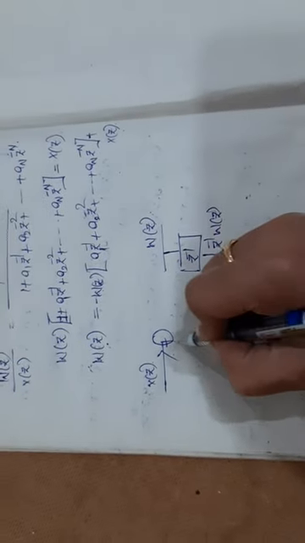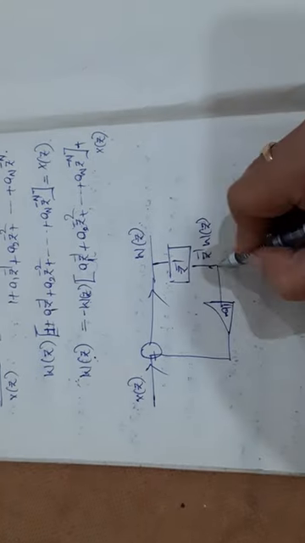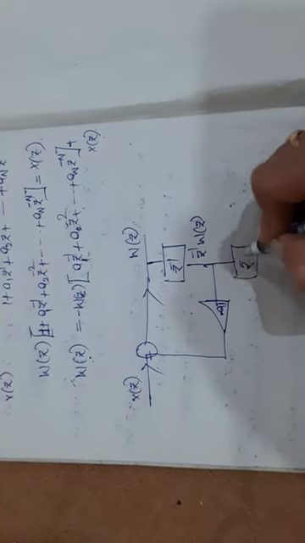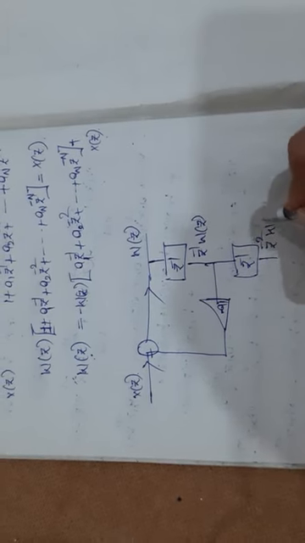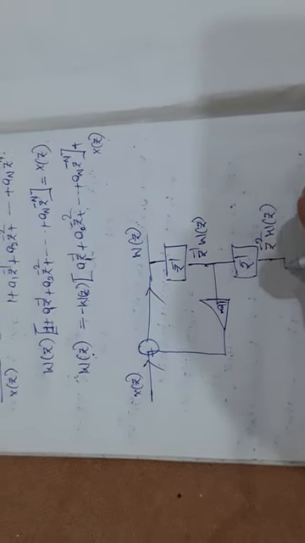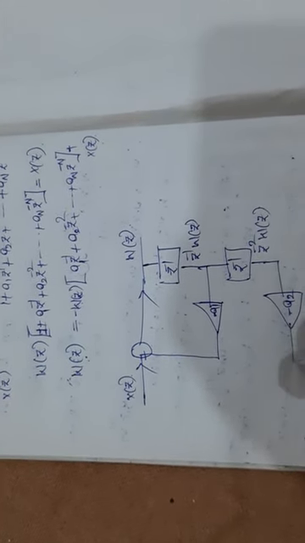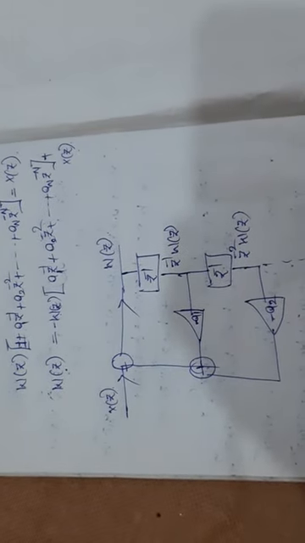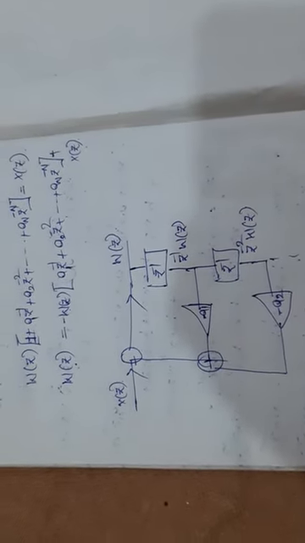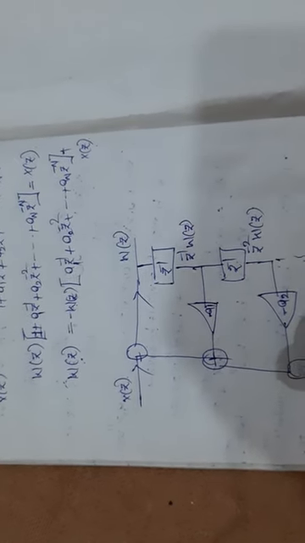So this is added here. Next, one more term, z^-2 into W(z), that is multiplied with minus a2 and that is added. So like this I am having up to n terms. This is the first equation.